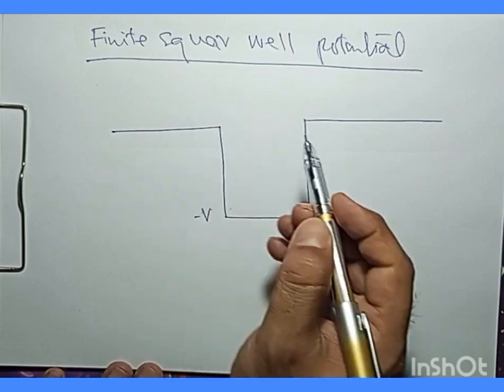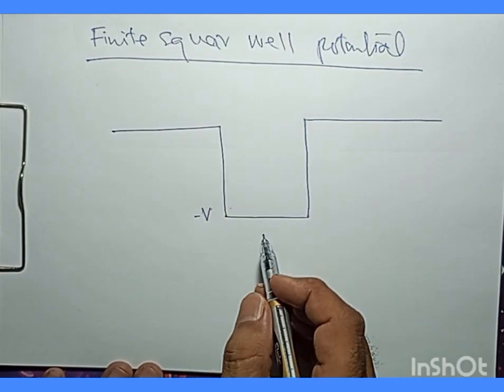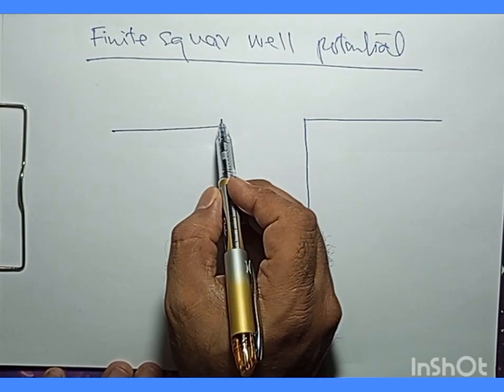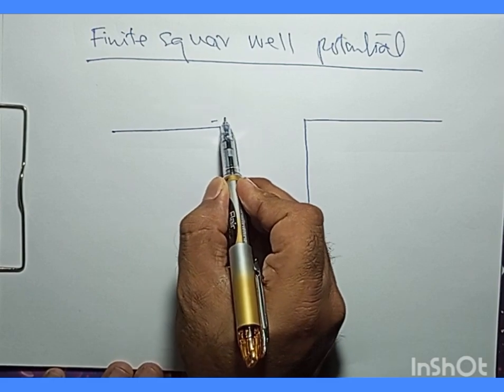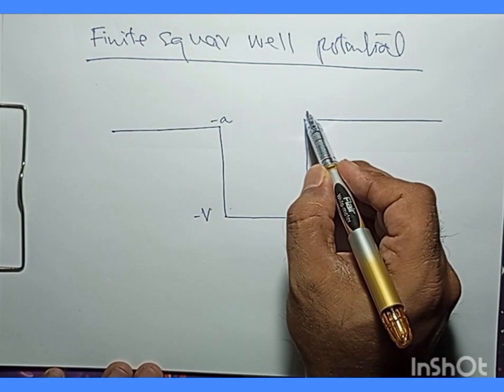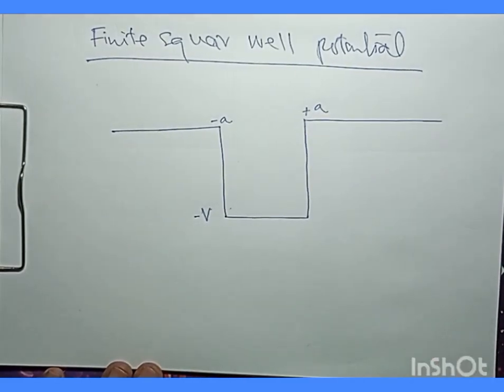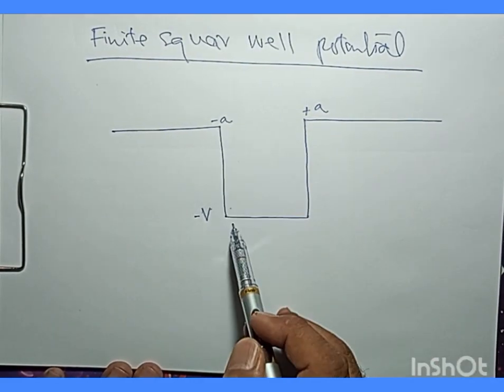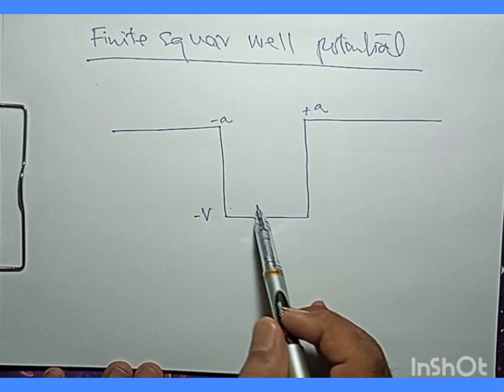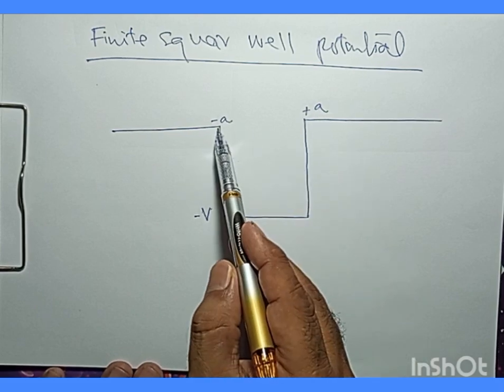So here, if we break down this potential in such a way that at this point we have minus a, and at this point we have plus a, the negative potential is constant from minus a to plus a.